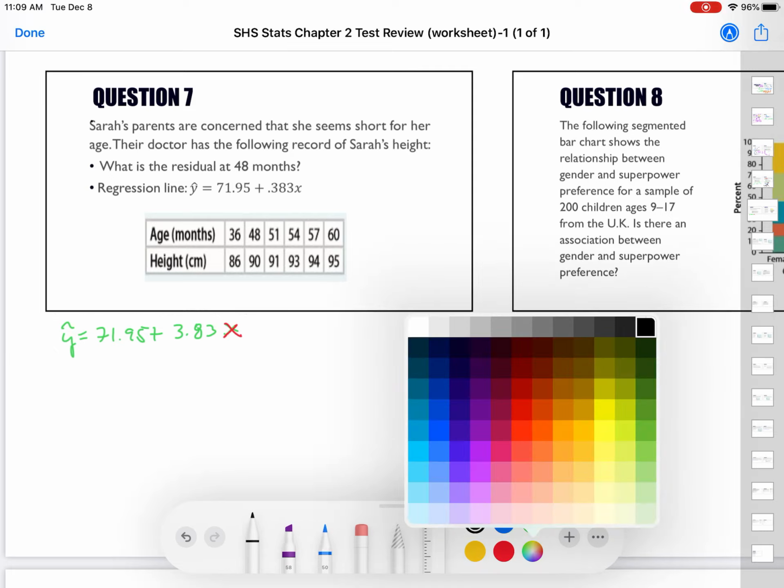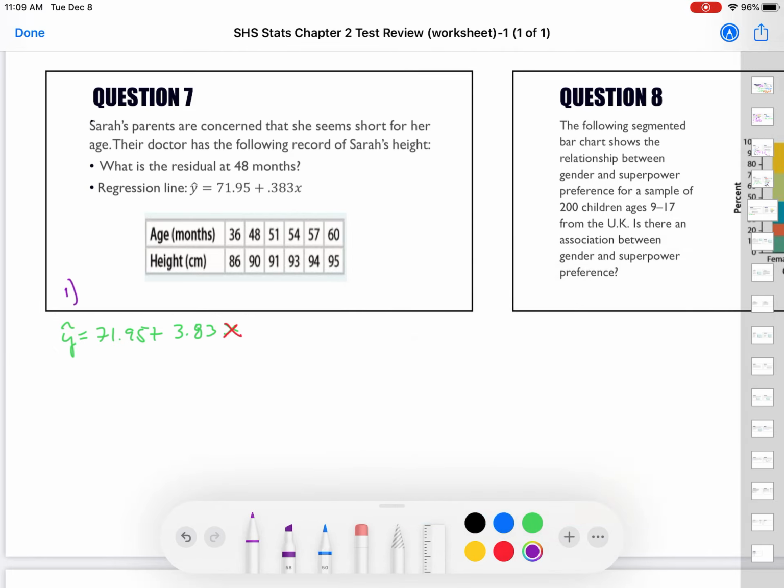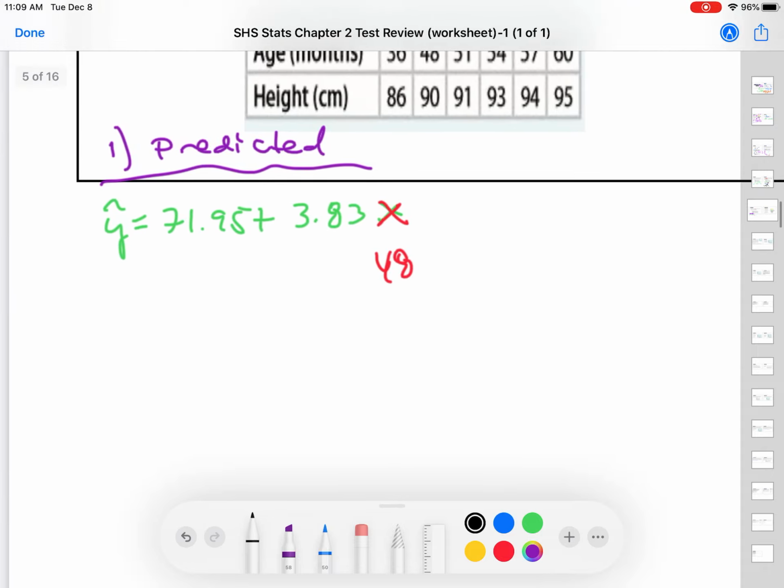So for residuals, we're first going to calculate the predicted, which basically says take x at 48 months. So I have 71.95 plus 3.83 times 48. Again, PEMDAS, we're going to multiply, and then we're going to add.